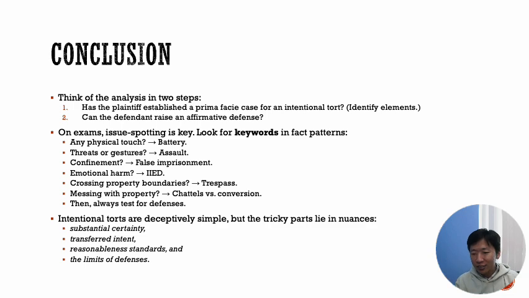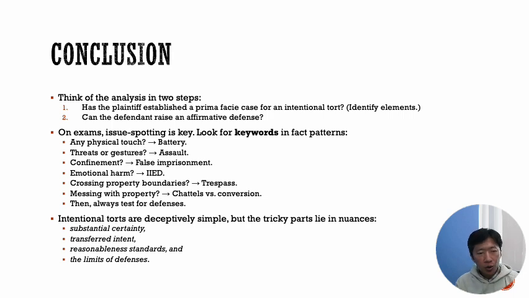You check the elements: the intent, and if it's a battery, whether there's harm, whether there's no permission. The second one: can the defendant raise an affirmative defense? Always think about the other side. That's what the exam maker wants you to know. If it is a battery, whether you can use one of the defenses to defend the defendant.